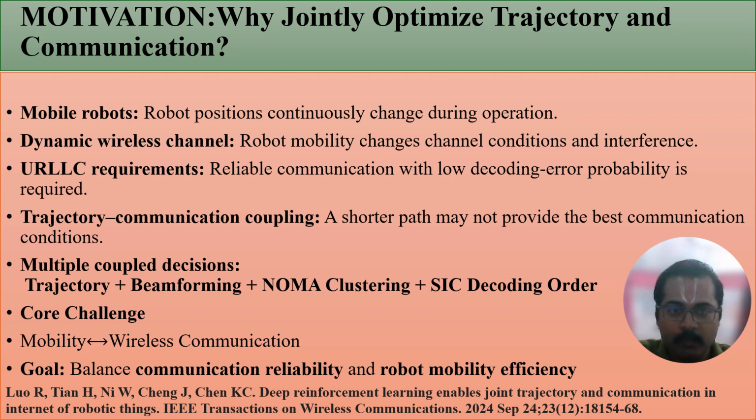Mobile robot positions continuously change during operation. Okay, dynamic wireless channel: mobility changes channel conditions and interference. The robot is not fixed, and due to the Doppler effect, channel conditions and interference vary. Next is ultra-reliable low latency.